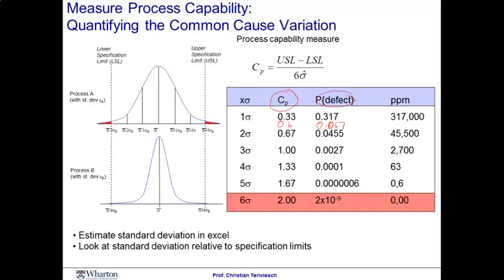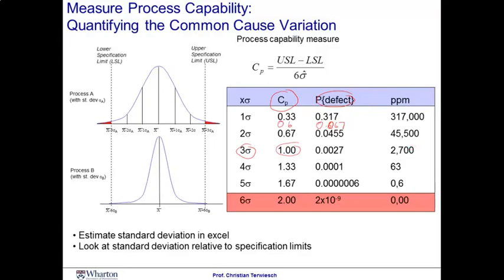For example, at a capability score of 1, you can go 3 sigmas from the mean to either side of the specification limits, and we have a defect probability of 0.027. Put differently, you're going to have 2,700 defects per million parts.